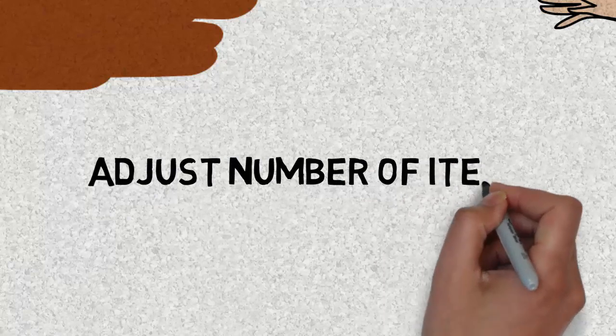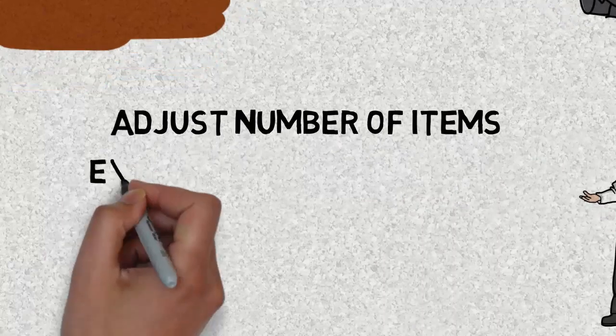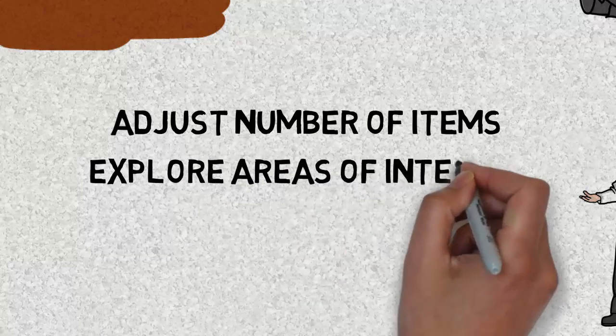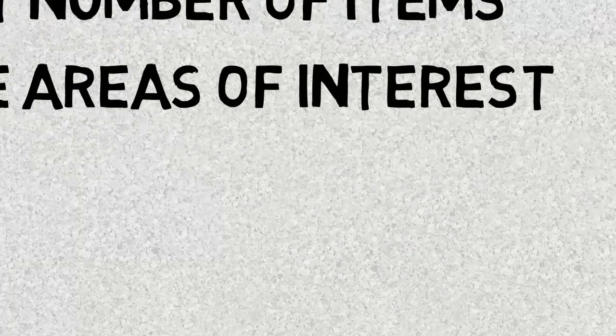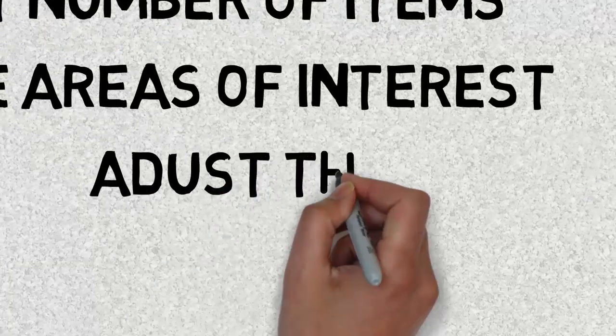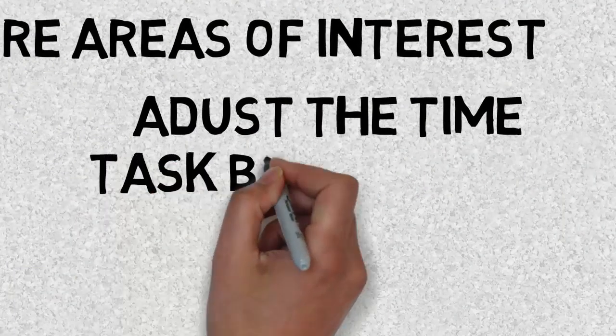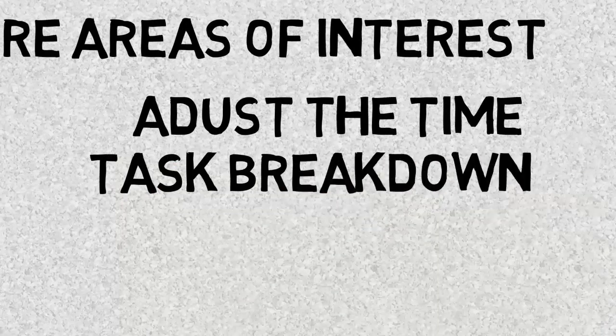They are taught to adjust the number of items, and how to explore areas of interest. They are also taught to adjust the time and to break down the task into different portions.